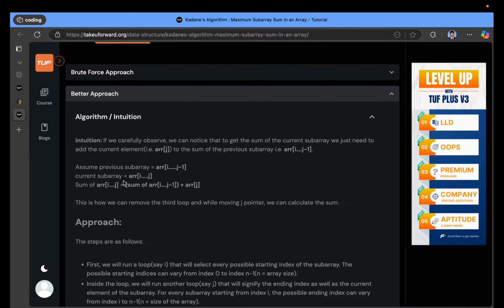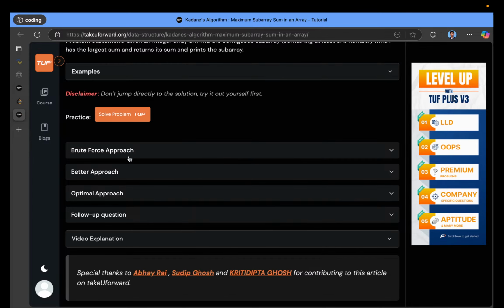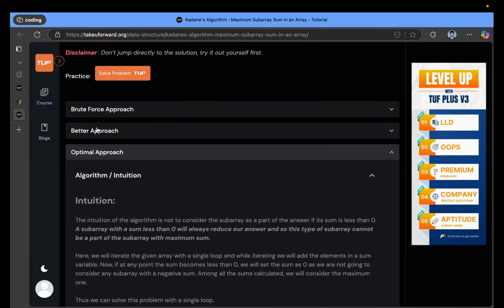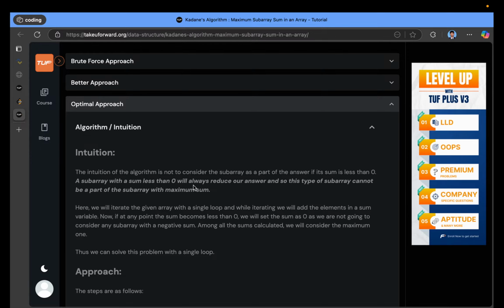Assume the previous subarray is this, the current subarray is this, sum of i to j. Okay, yeah, okay. So you can remove the third loop while moving the j pointer. Okay, I think brute force I have done. I just don't know how the better one is done, but I went directly from brute to optimal, I think.